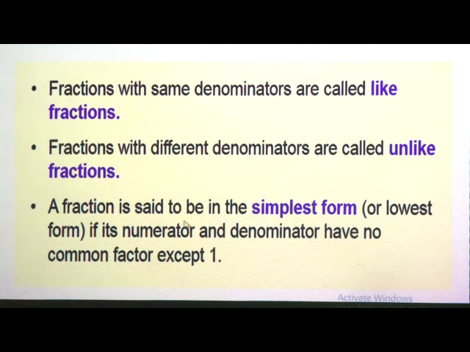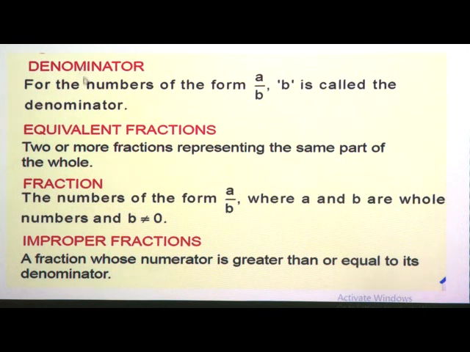A fraction is said to be in the simplest form or lowest form if its numerator and denominator have no common factor except 1. Denominator. For the numbers of form a by b, b is the denominator. Equivalent fraction.